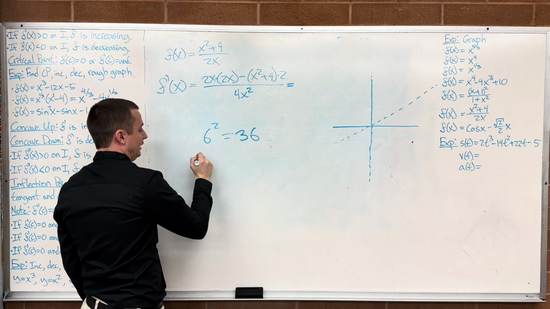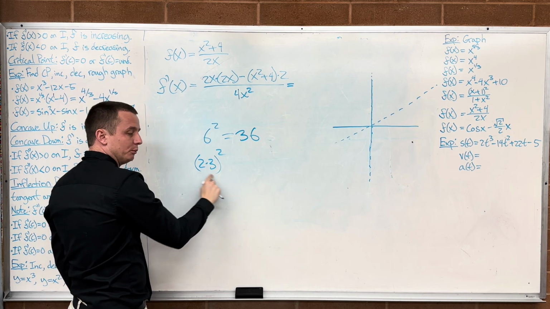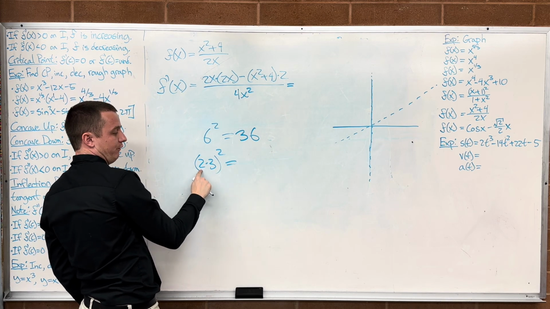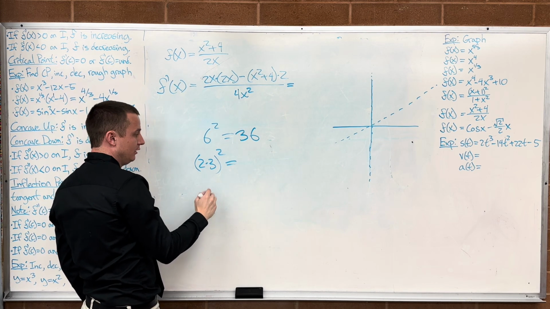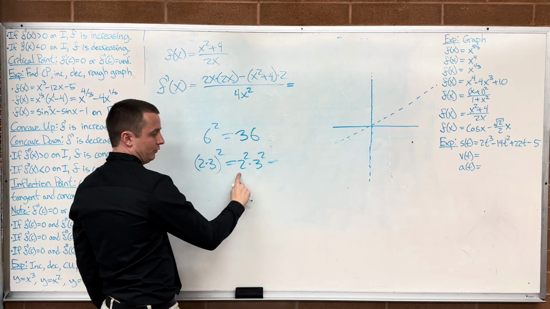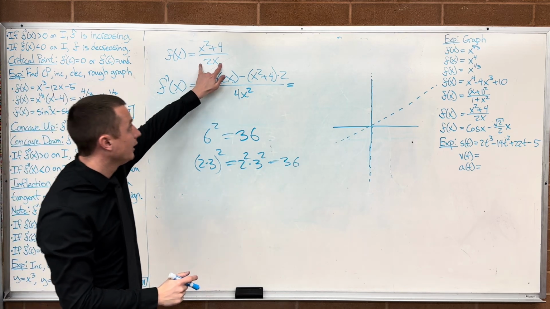Another way I could have written 6 is 2 times 3. If I square 2 times 3, I have to square both terms. I can't just square one term. If I just squared one term, I'd get 4 times 3, which would be 12. So this is equal to 2 squared times 3 squared, which is 4 times 9, which is 36.